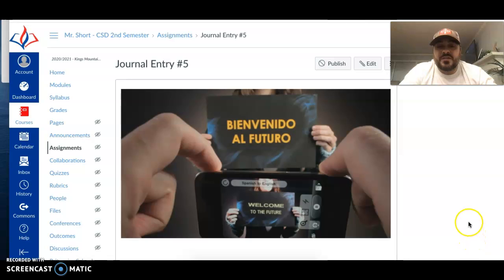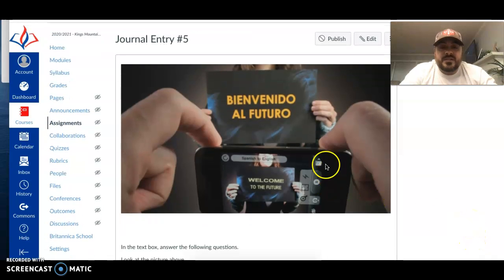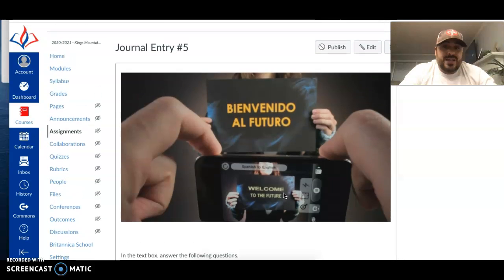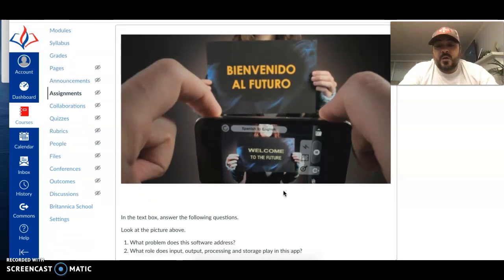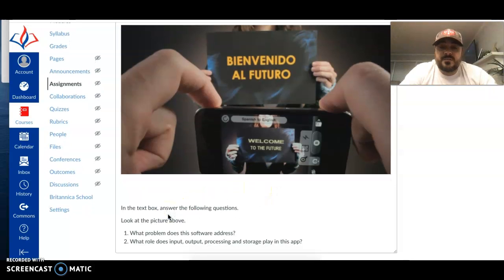I want you to look at this picture right here. Obviously this is some type of camera with some type of software on it. Here's an actual lady holding a sign, and here's the software being used in this camera to do something with this sign. So your assignment, this is your journal entry for the week: look at this picture and answer these two questions.